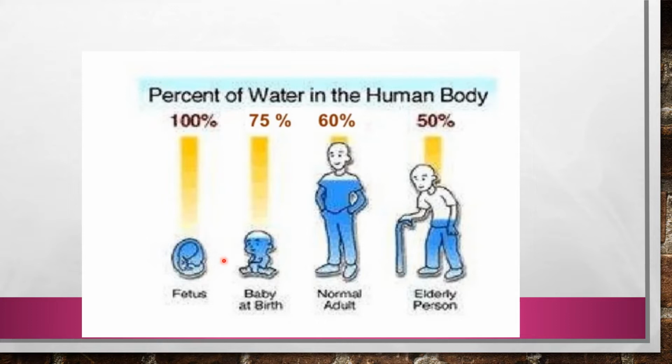Then at birth, once the baby comes out of the womb, it is 75 percent. After that, when we become adult, it is 60 percent. When we become old, it is 50 percent. Why is the water level low in old age? Please give me the answer in the comments.